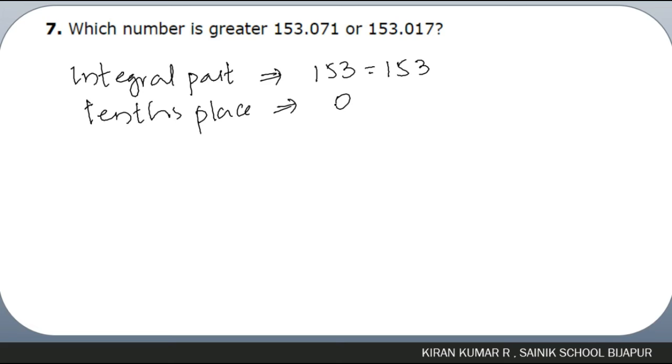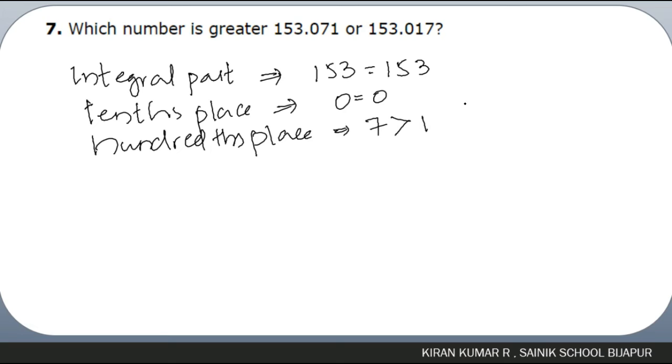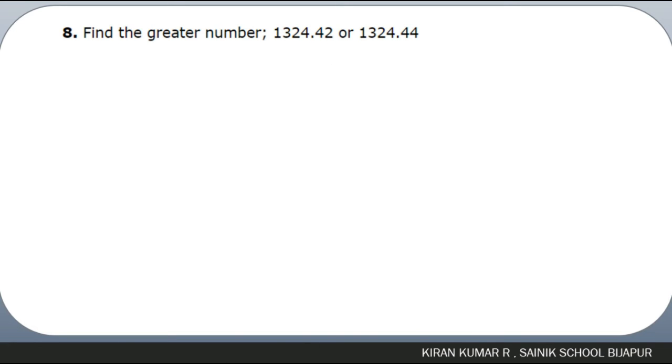We have got 0 in the tenths place in both. Next look at the hundredths place. In the hundredths place we have got 7 larger than 1. That is the reason why 153.071 is larger than 153.017.